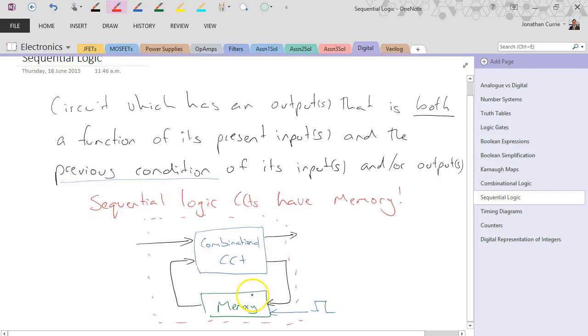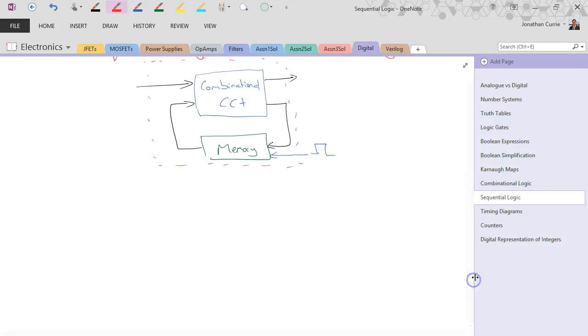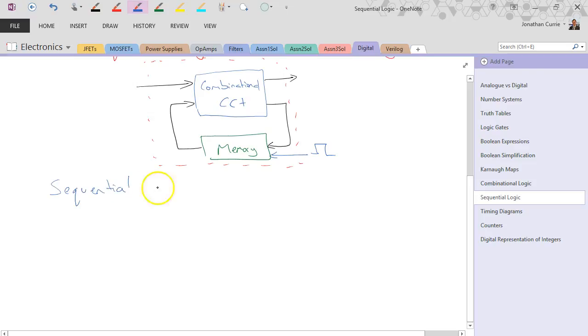Now when I'm talking about memory, we're not talking about RAM or flash memory or any of the other types of memory that you might associate with computers. We're actually just talking about a logic circuit like a latch or a flip-flop. So there are two main types of sequential logic circuits. There is the latch and the flip-flop.